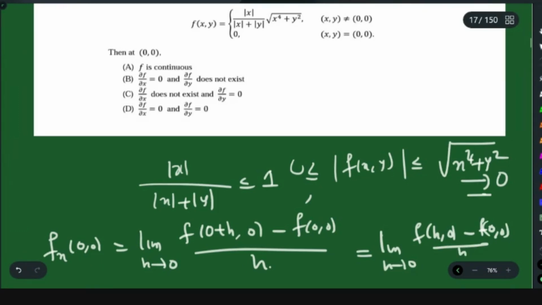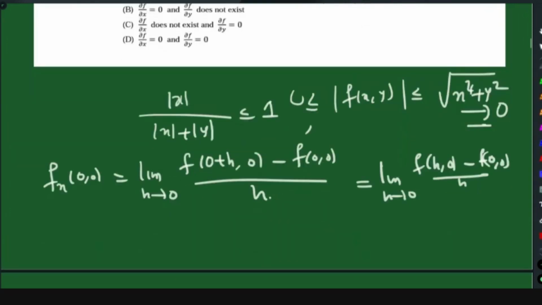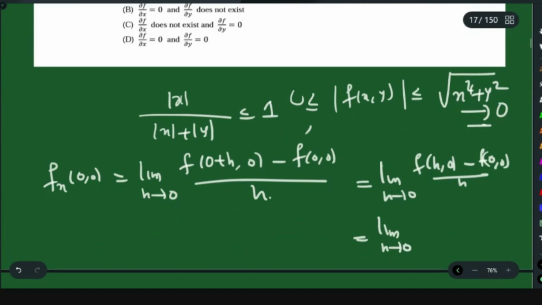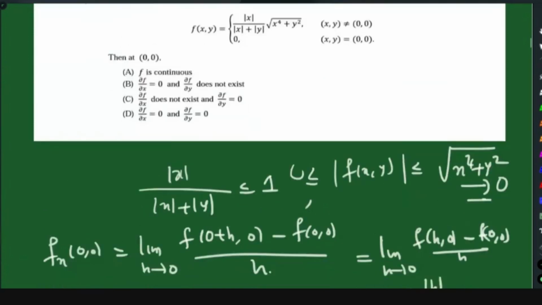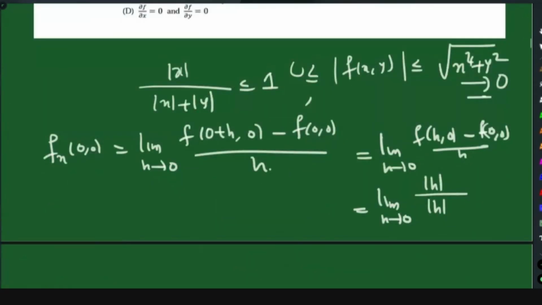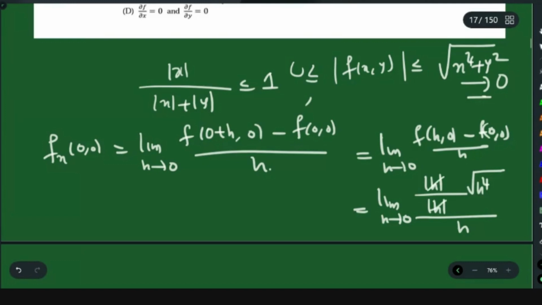So you look at what is f(h, 0). You substitute there. The y component is 0, only the x component is there. That is limit h tending to 0 of |h| divided by |h|, because the y component is 0, so |y| is not there, times root of h raised to 4 plus y component 0, divided by h. This |h| by |h| will be 1.